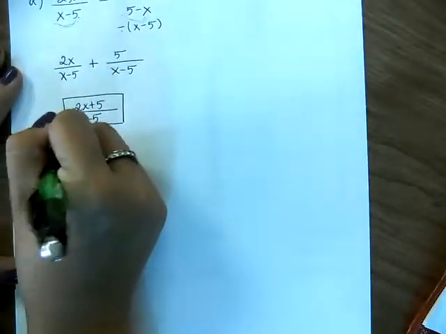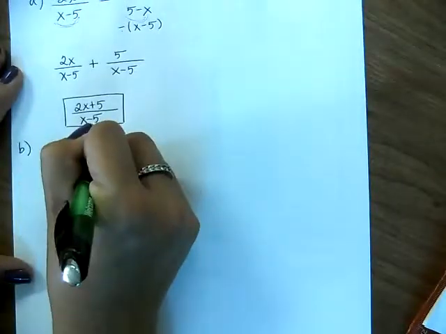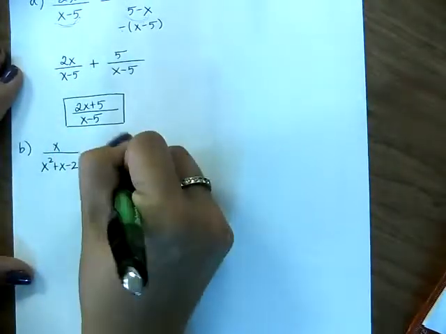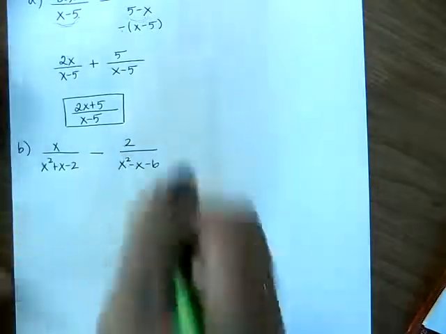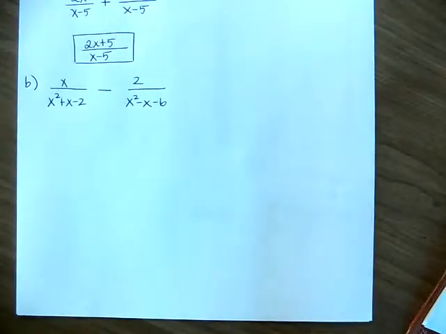All right, let's try this next one. X over x squared plus x minus 2 minus 2 over x squared minus x minus 6. Okay, so the first thing I want to think about is that common denominator.